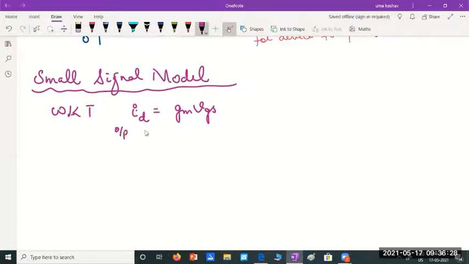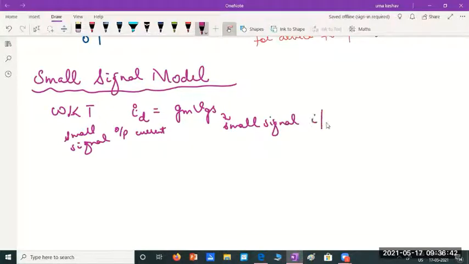This represents the small signal output current, right? And this represents the small signal input voltage. So can you tell me what I should include to represent this element in the model? We had a similar equation in BJT. What did I include to represent a dependent current?